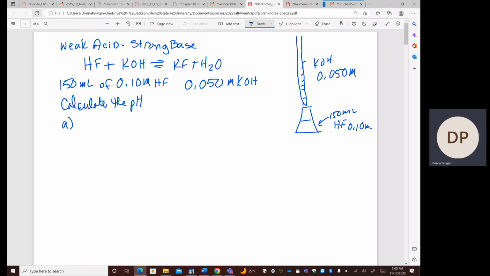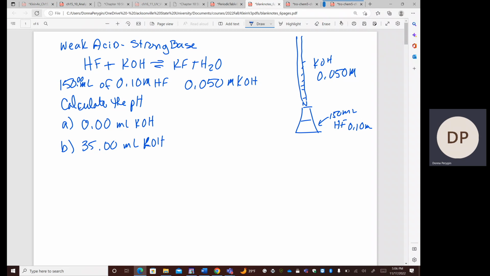Let's calculate the pH: A at 0.00 milliliters of KOH; B after adding 35 milliliters of KOH; C after 150.00 milliliters of KOH, where we can assume that we have enough sig figs; and D after 300 milliliters of KOH.